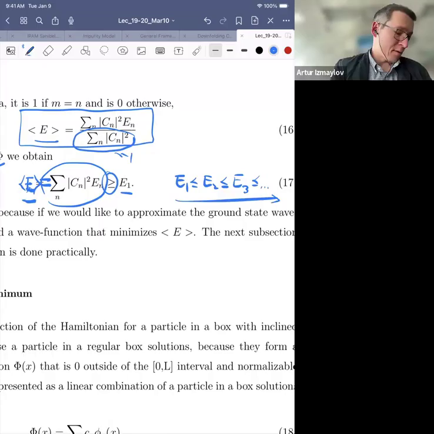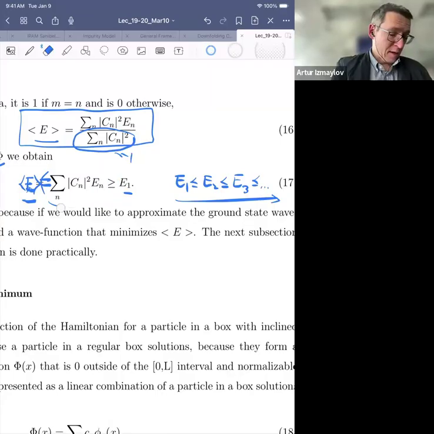And now I can see that because these coefficients are all positive, I can only make this expression smaller if I substitute En by E1, right?